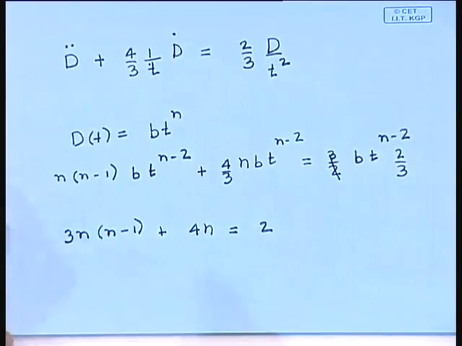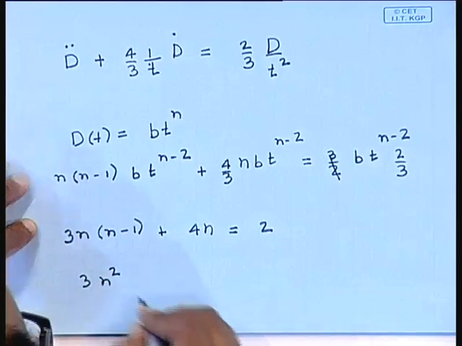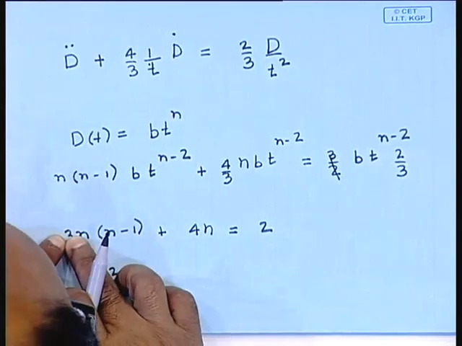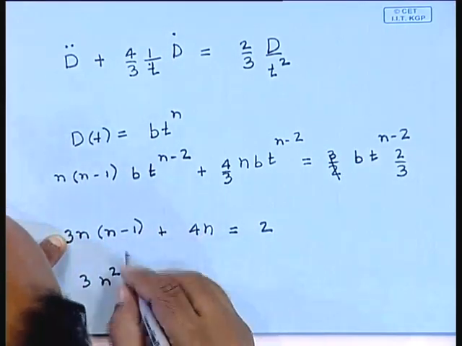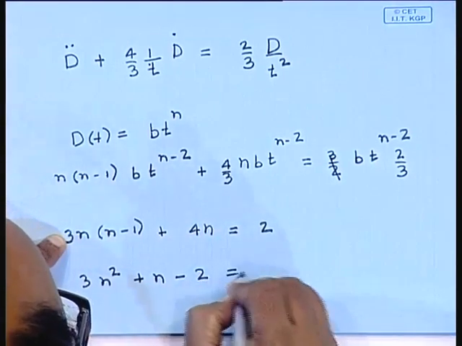So we want solutions for this quadratic equation. Now I have minus 3n plus 4n, so I have 3n square plus n minus 2 is equal to 0.